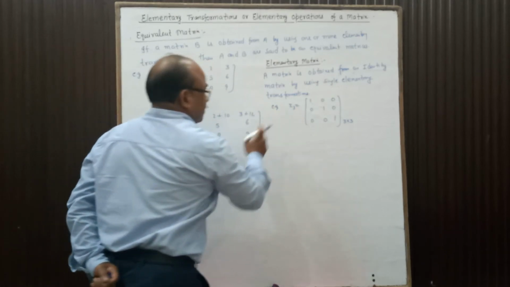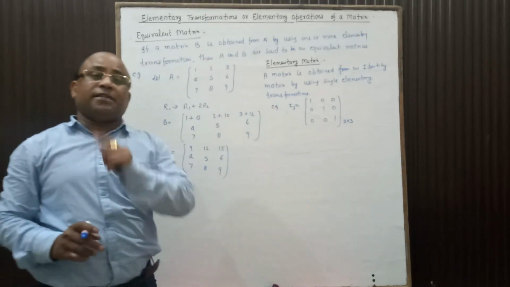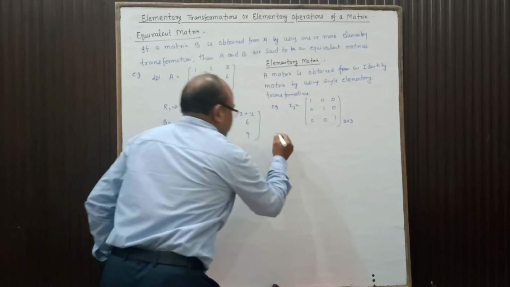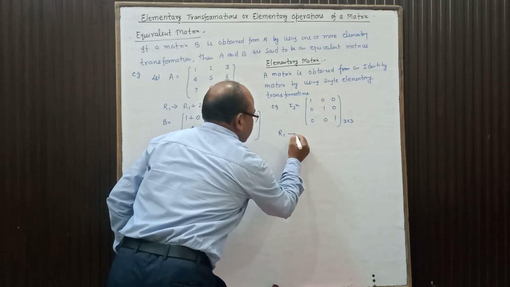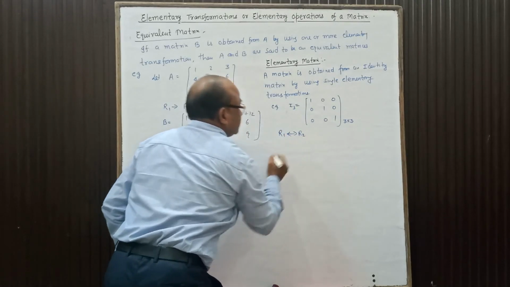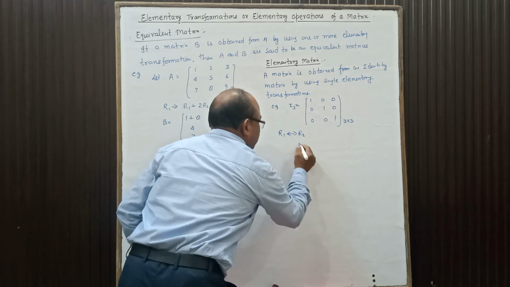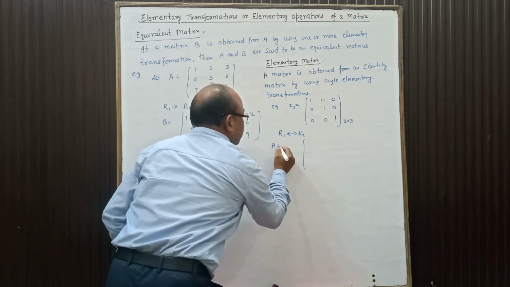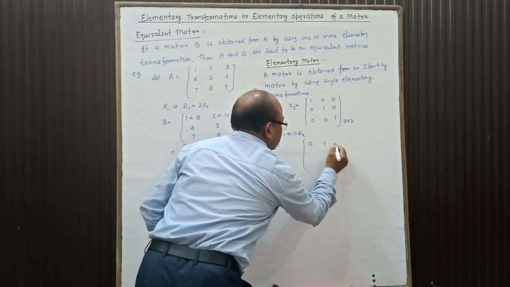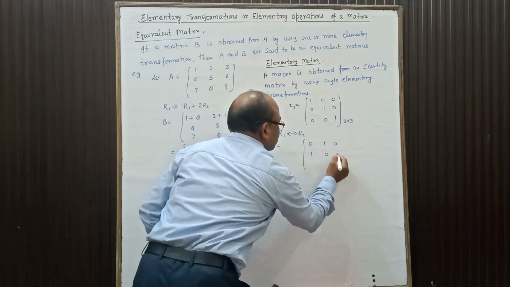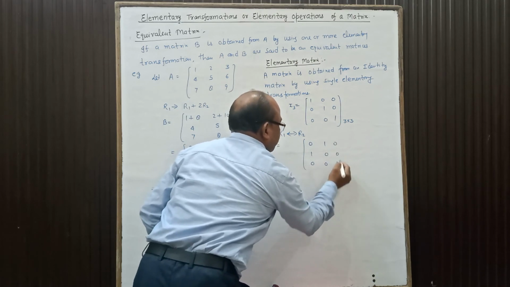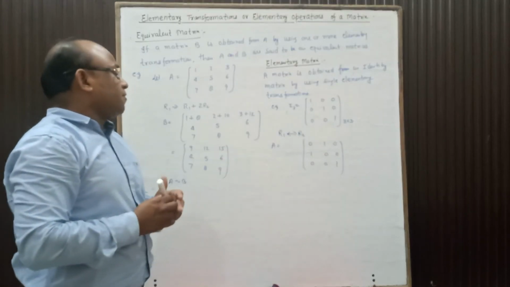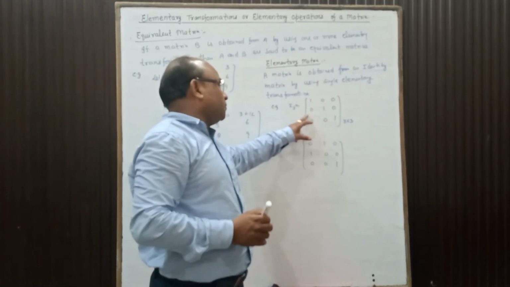And if we apply only one elementary transformation, like if we apply R1 is interchanged with R2, then we get the matrix, denoted by A, like 0 1 0, 1 0 0, 0 0 1. Here we interchange the first and second rows.